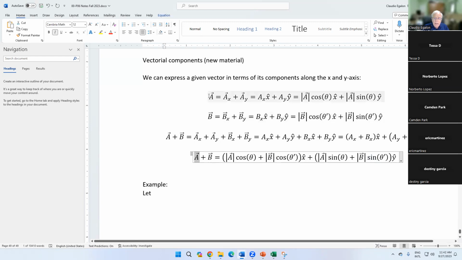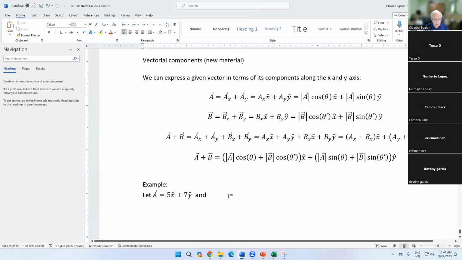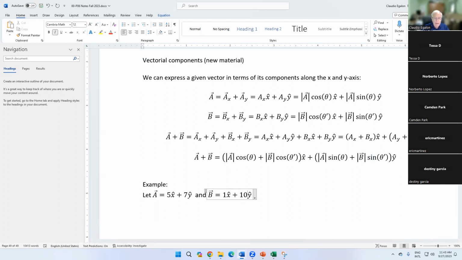Let A be equal to 5x hat and 7y hat, and B equal to 1x hat and 10y hat.